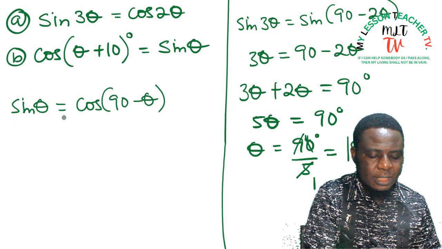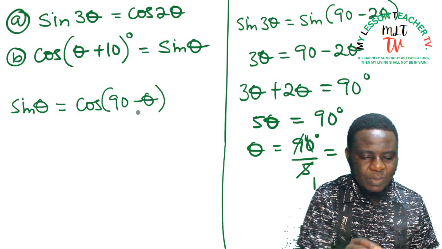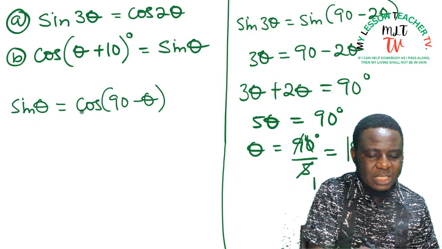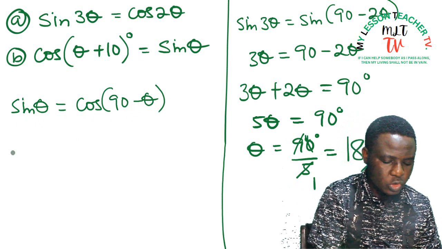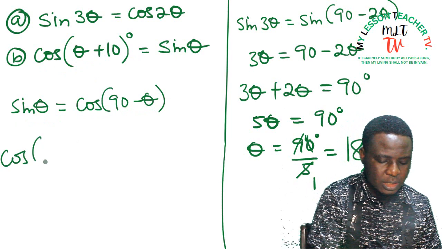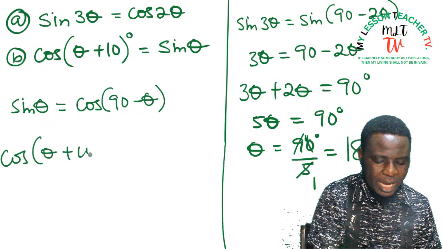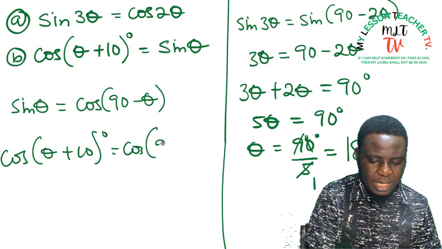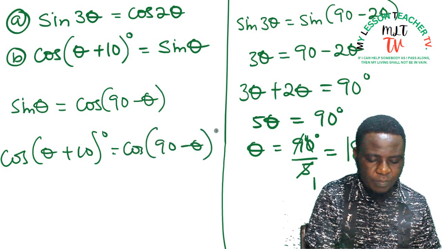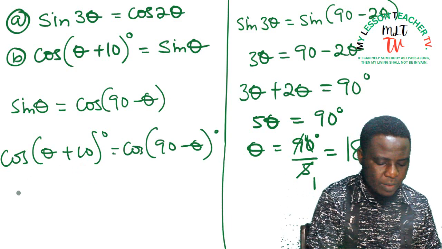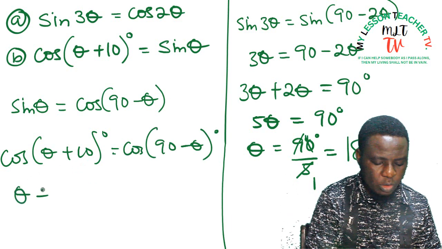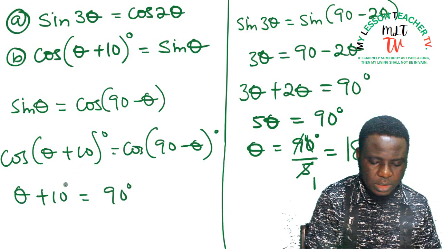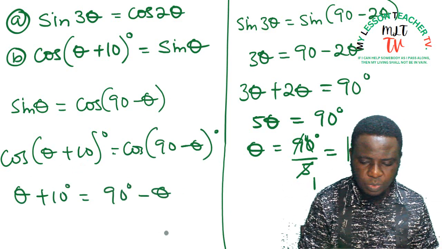So if sine theta is equal to cos 90 minus theta, I will then substitute cos 90 minus theta for sine theta in equation B, so that cos theta plus 10 degrees will be equal to cos 90 minus theta. So this invariably becomes theta plus 10 is equal to 90 degrees minus theta.